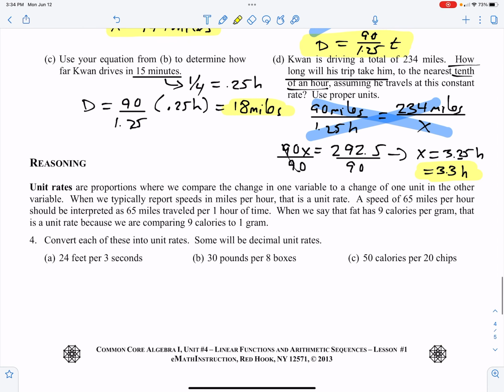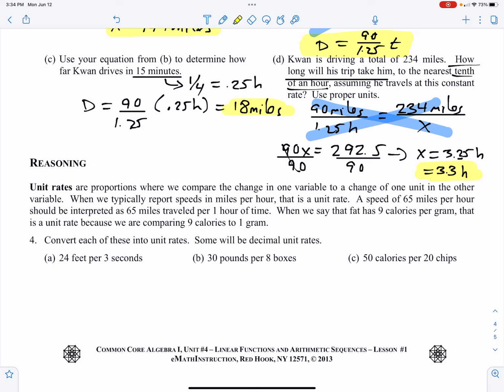Now, our reasoning section talks about unit rates. So unit rates are proportions where we compare the change in one variable to a change of 1 unit in the other variable. We typically report speeds in miles per hour. That is a unit rate.